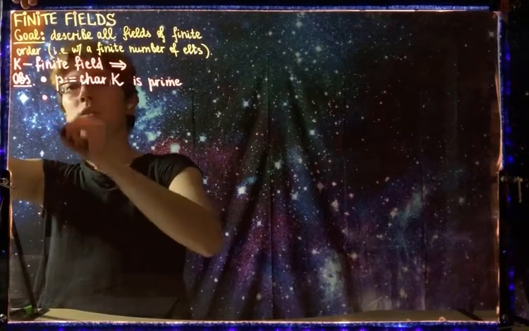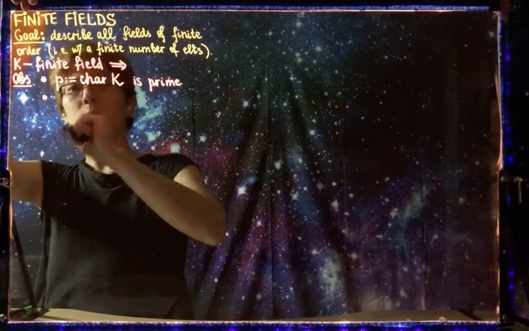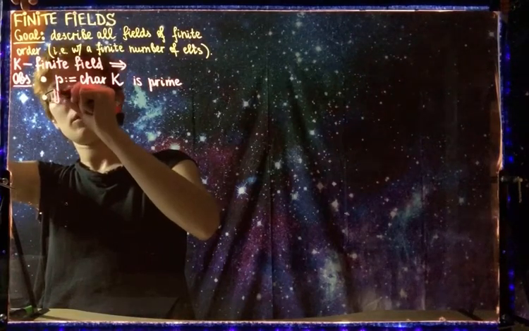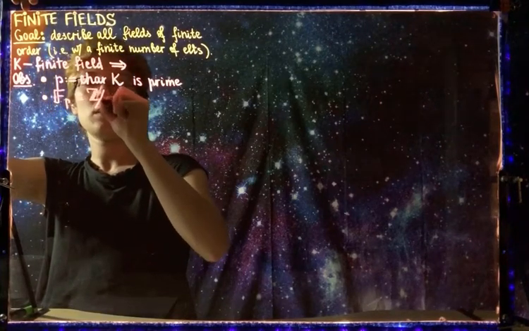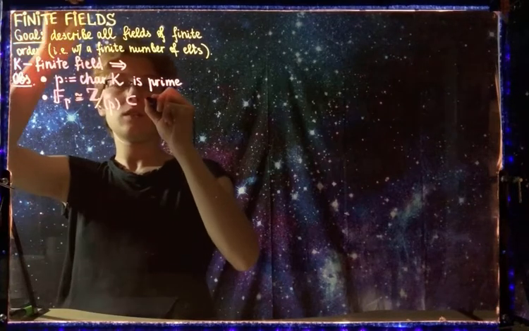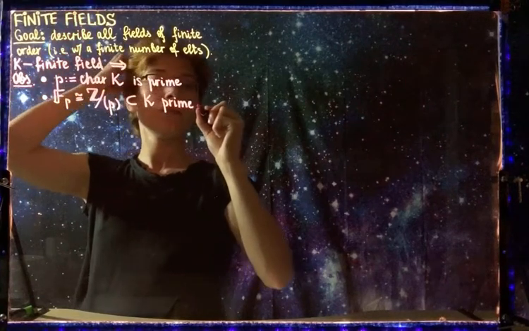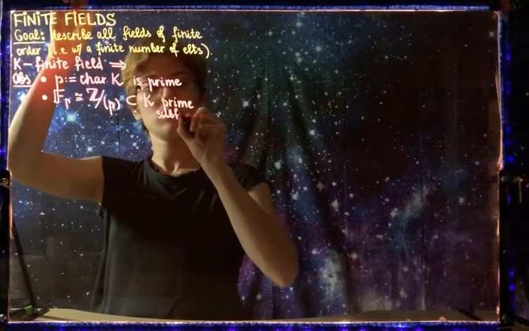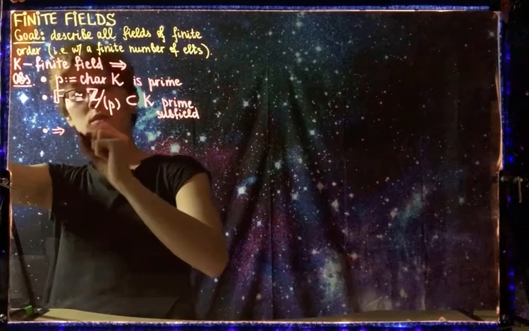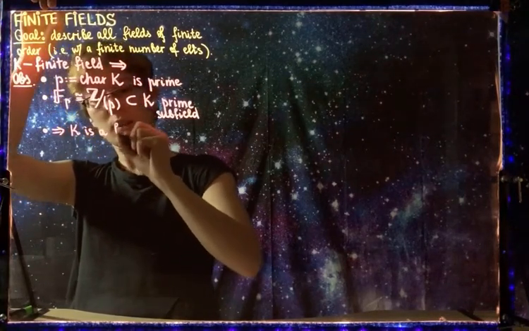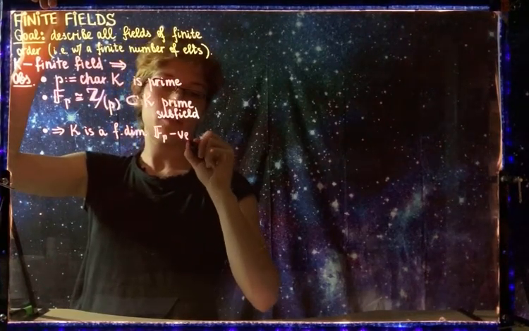Then recall that fields of finite characteristic have prime subfields of the form Fp, which is isomorphic to Z mod p, and is then the prime subfield of K. And therefore, K is a finite dimensional Fp vector space.